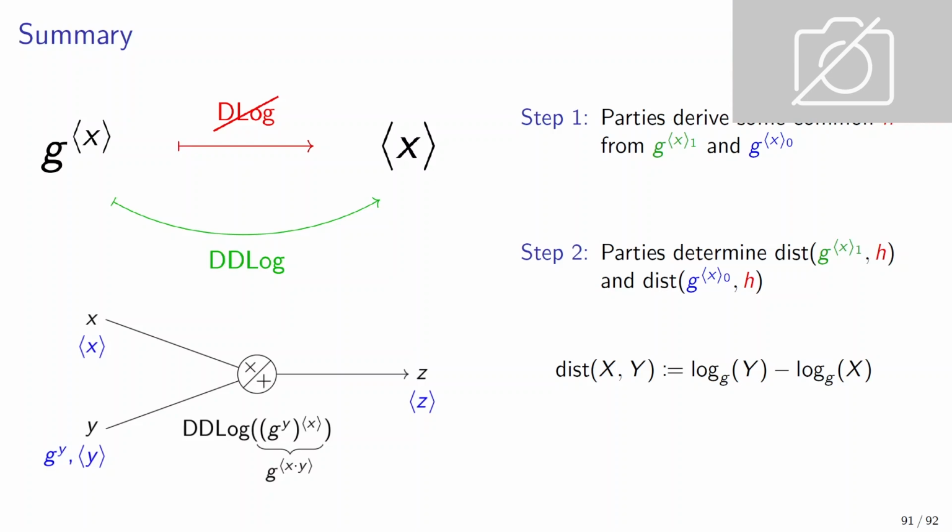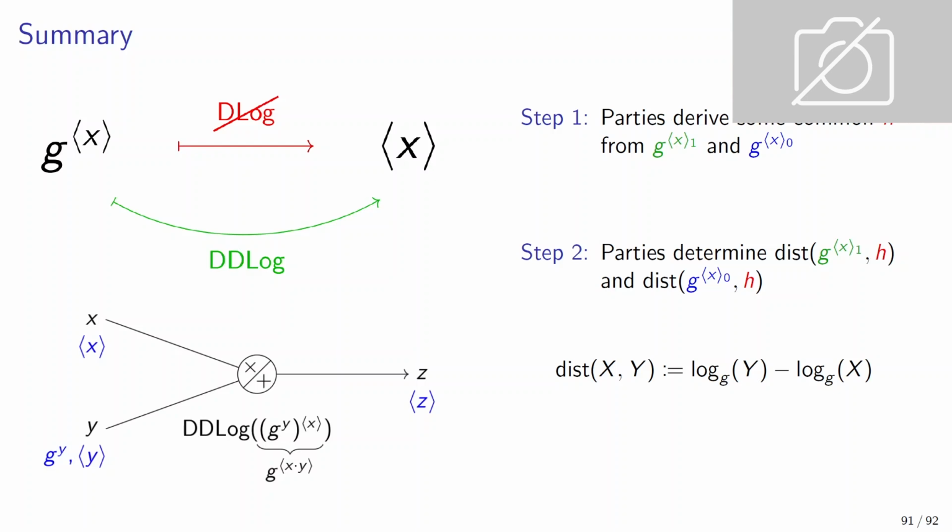Once you have this tool, there's a core trick in all of the applications: you can take shares of X and shares of Y, and provided you're given some kind of discrete log-based encryption of one of the two inputs, you are able to non-interactively generate shares of the product of X and Y.